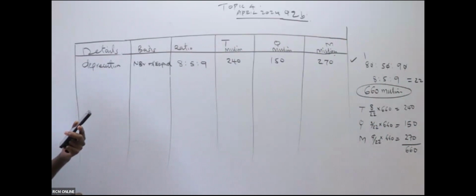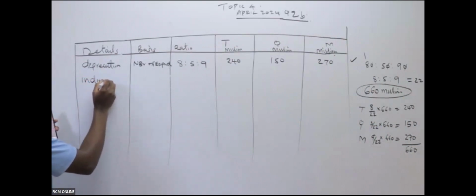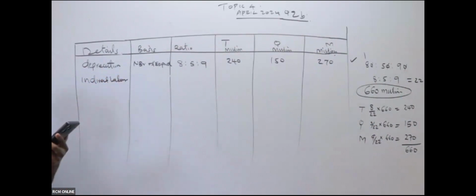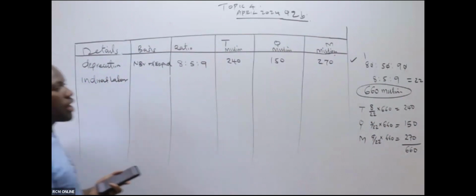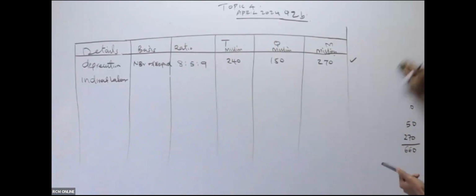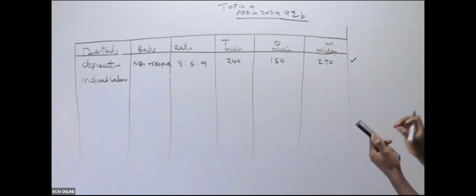We are talking about indirect labor. Indirect labor here, what is the allocation basis? It is going to be distributed based on direct labor hours. So let's see. The indirect labor is equal to 900 million.